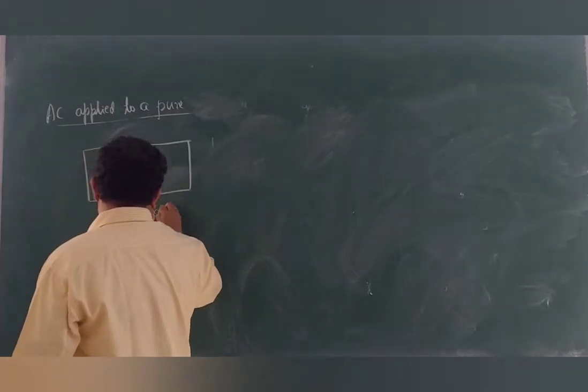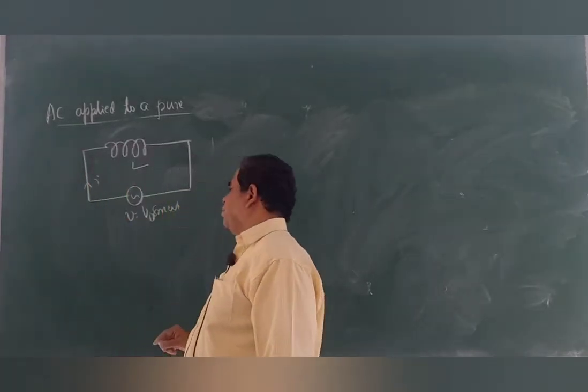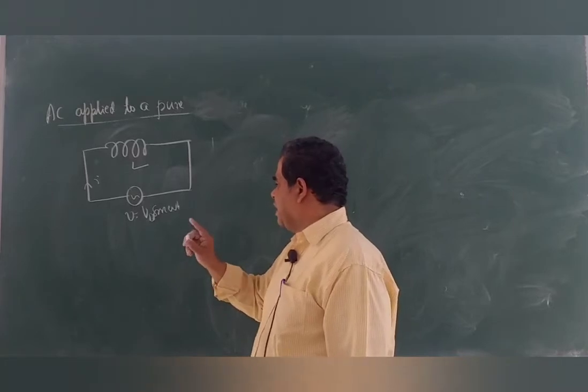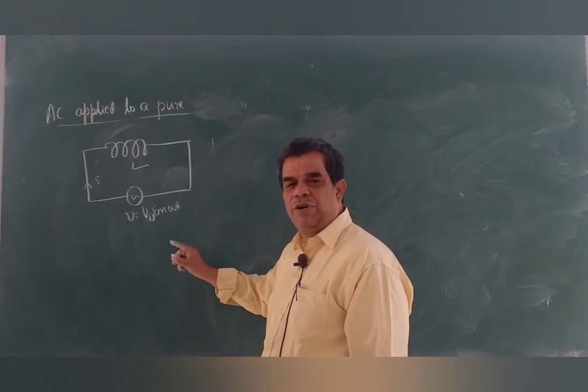I take up a coil, inductance L, and we apply AC to this. AC is again V naught sin omega t, and current I is flowing there. So what is the current I when we apply voltage V?